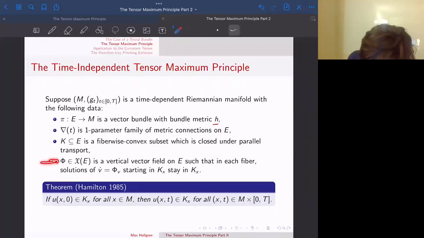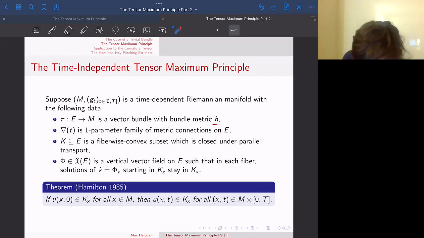Okay, and so here phi is a vector field on E, which is tangent to the fibers of E. So really, you can just think of this as being for each fiber, you have a vector field on that fiber just as a vector space. So it's like over each point on our manifold, we're in the setting of the previous slides.